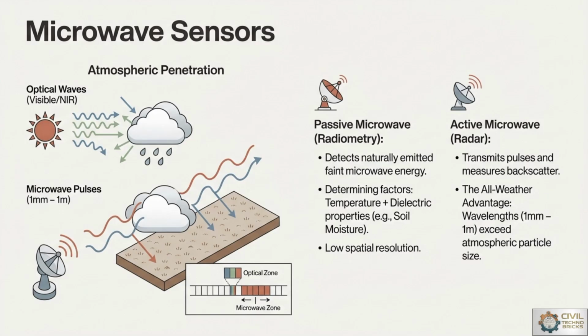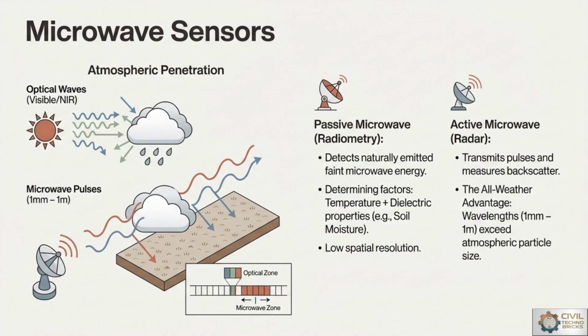But with reference to any ground station or antenna, microwave pulses have 1 micrometer to 1 meter length or frequency, we can say, and the emitted rays from the ground stations can travel through the clouds and reach the ground surface with reference to its geodetic curvature. So microwave sensors are of two types, passive microwave and active microwave.